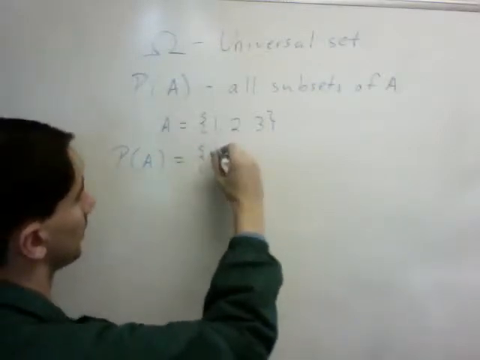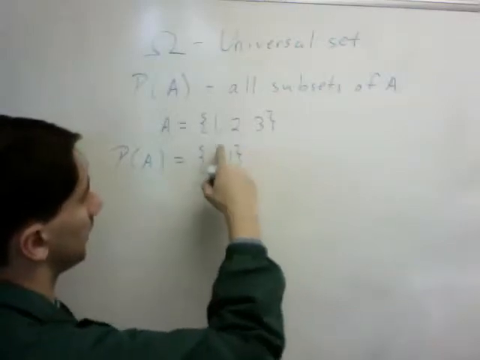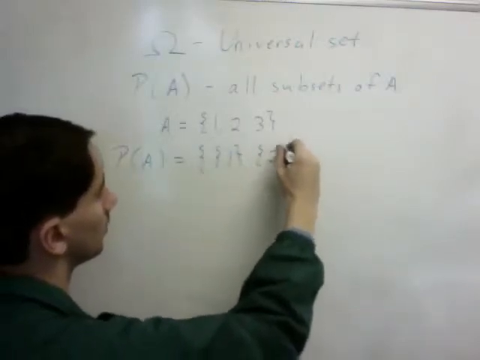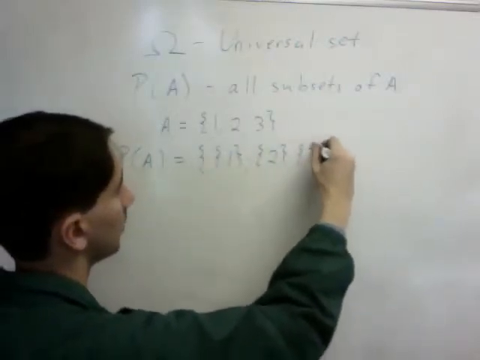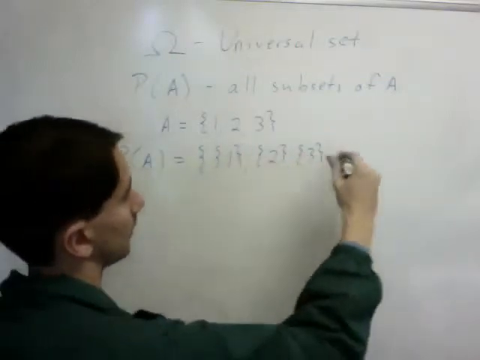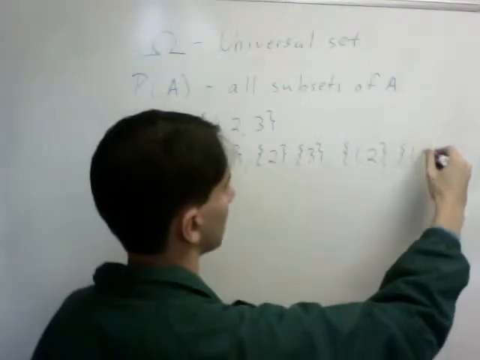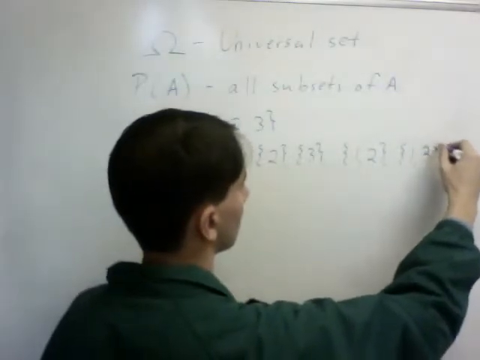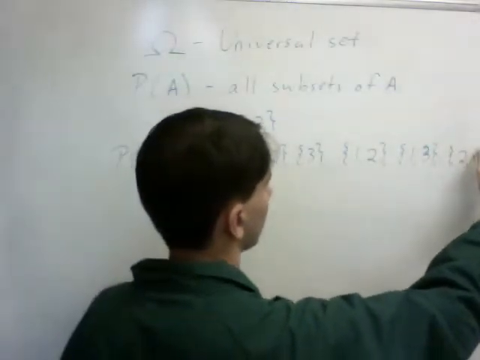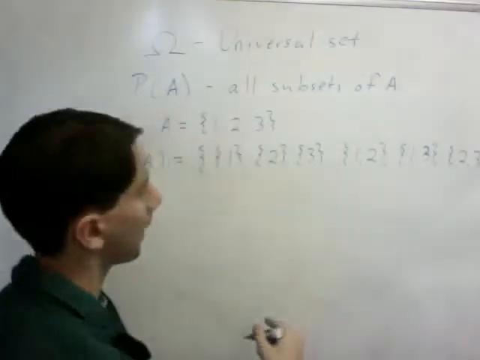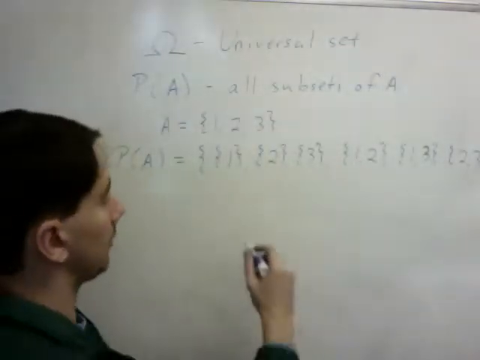So for example, the set {1} is a subset of A, and so are {2} and {3}. And then any two elements also: the set {1, 2}, the set {1, 3}, and the set {2, 3} are all subsets of A. And of course, A is a subset of itself.